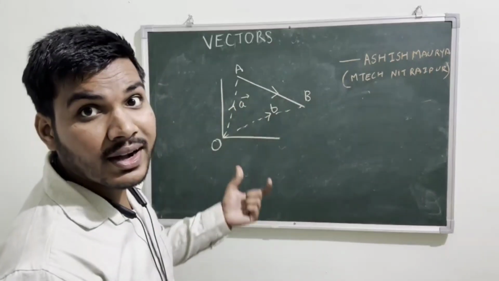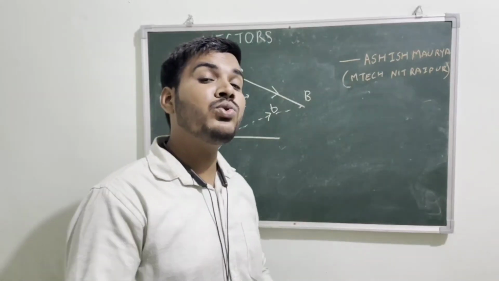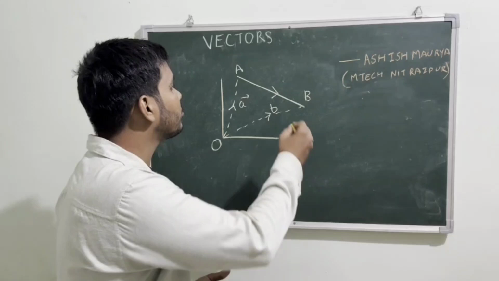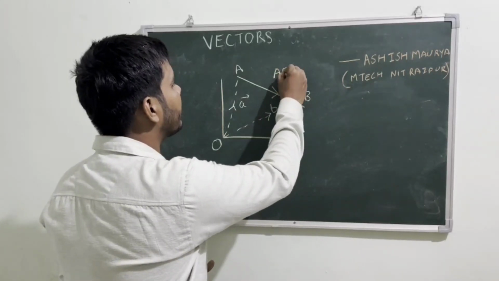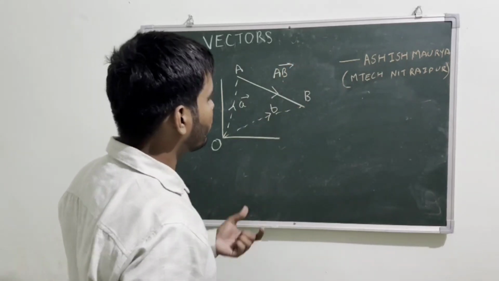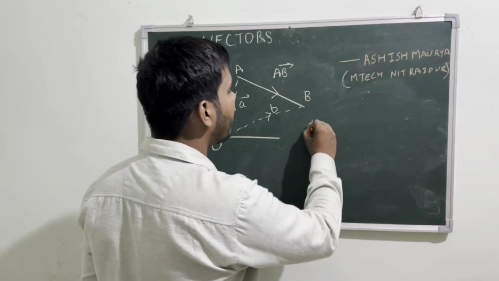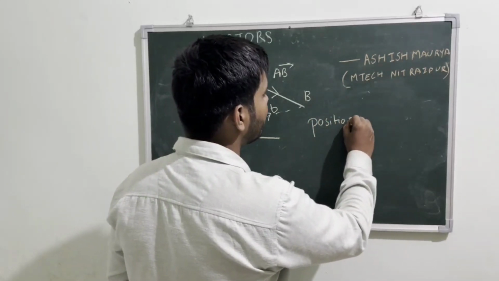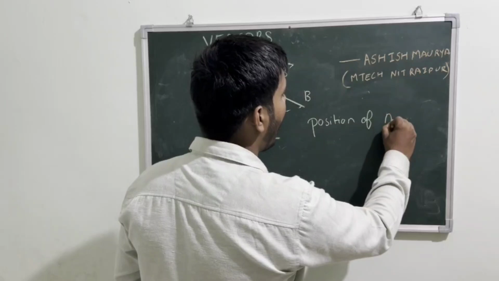So this is forming a triangle. So which law should we use? Triangle law should be used to determine this AB vector. So the position of AB vector can be determined by the triangle law. How to determine it?